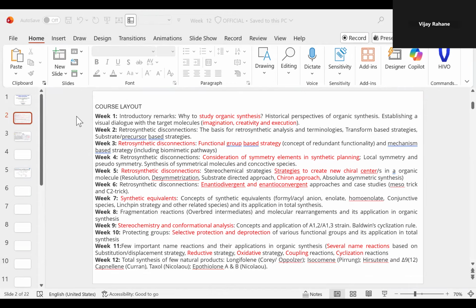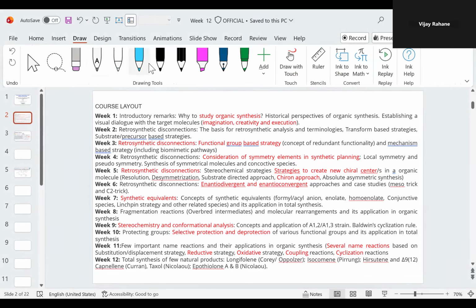These are just an overview of the course that we have studied over the last 12 weeks. We focused mainly on the synthesis and retrosynthesis of some simple organic molecules, and we did the retrosynthesis of several small molecules.